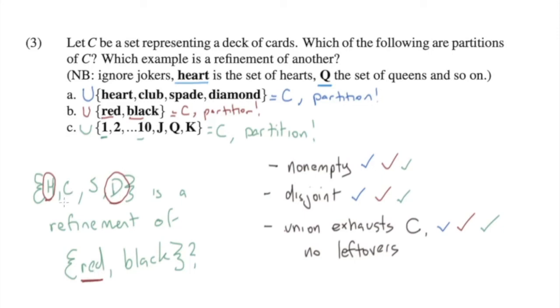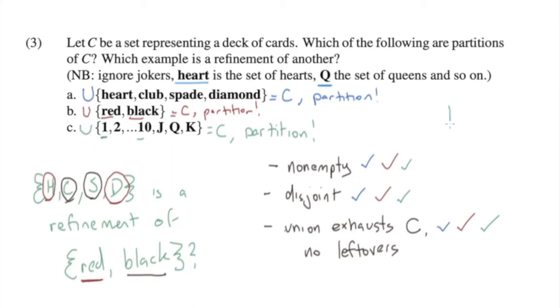On the other hand, the clubs are all black, so the set of clubs is a subset of the black cards. And the spades are all black, so the set of spades is a subset of the black cards. So in this particular case, it does meet the definition of refinement. Every set in the partition by suit is a subset of one of the sets in the partition by color.